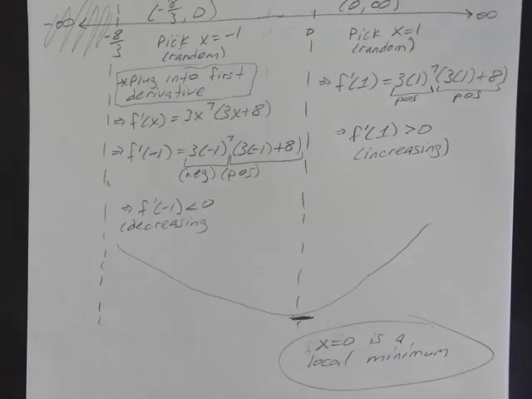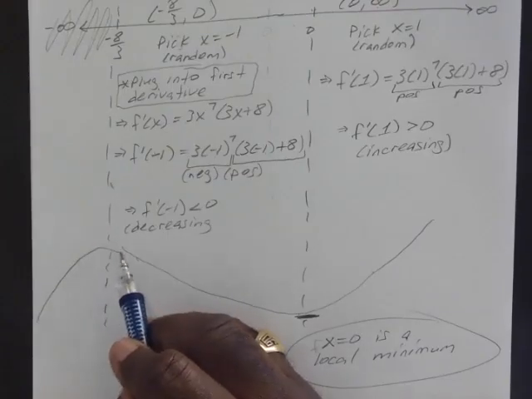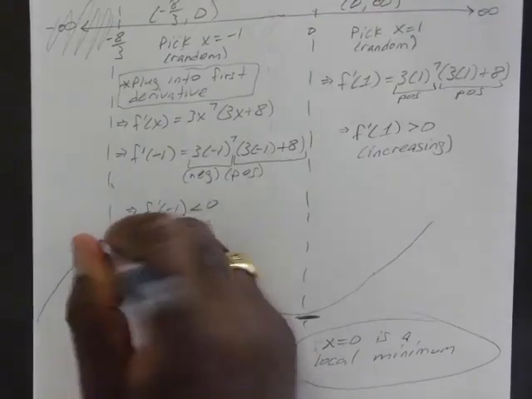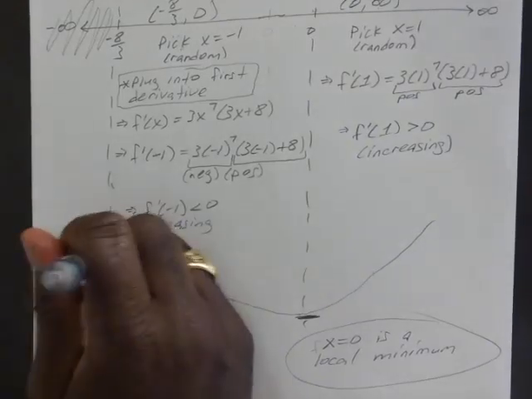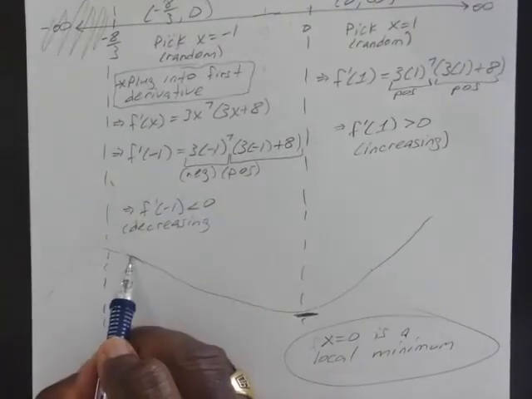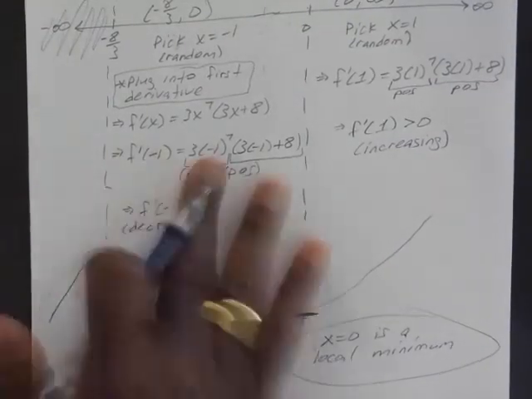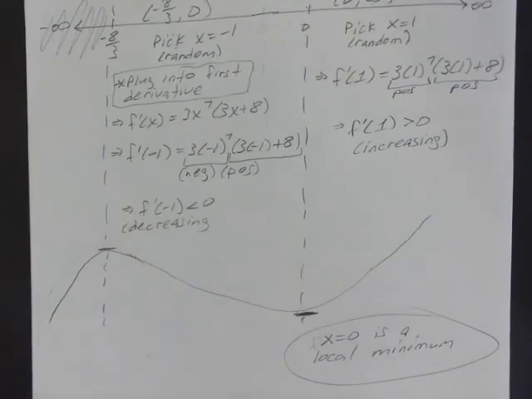So -8/3 is a local maximum, so we know that it's increasing on the left and decreasing on the right. Line it up, and here we go. That's a little better. So the graph would have somewhat that shape. Any questions on that one?